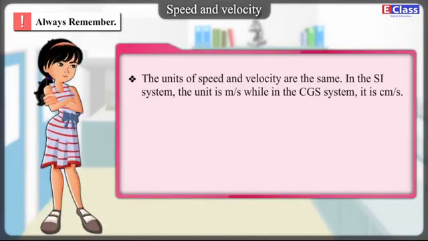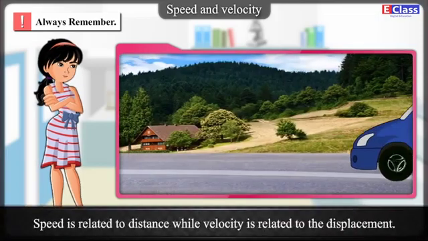Always remember: 1. The units of speed and velocity are the same. In the SI system, the unit is meter per second, while in the CGS system it is centimeter per second. 2.